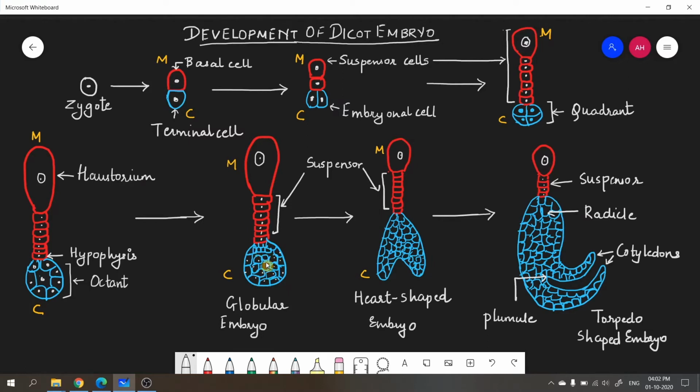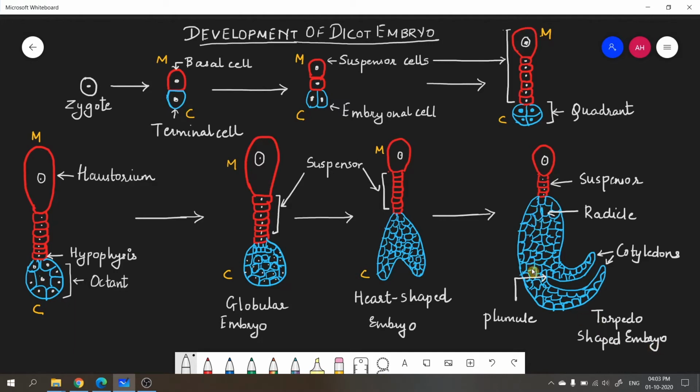Now, followed by the globular stage is the heart-shaped embryo. So how is the heart-shaped embryo formed? What happens is the cells of the embryo in the globular stage start giving rise to hypocotyl and cotyledons. So because of initiative growth of the cotyledons, this heart shape is achieved. You can see the embryo looks heart-shaped here, right? And then followed by the heart-shaped, when the cotyledons start to grow further, they will achieve the torpedo-shaped embryo.